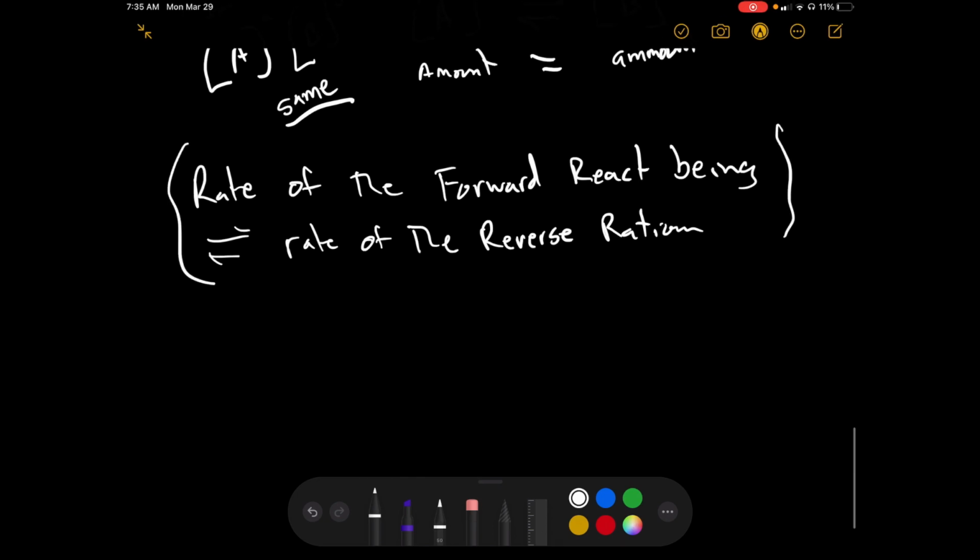So that's what chemical equilibrium is all about. Not the amount, but the amount of concentration. Not the amount of products and reactants, not the same number of them. You're not getting 3 of these and 3 of those, 3 of these, 3 of those.